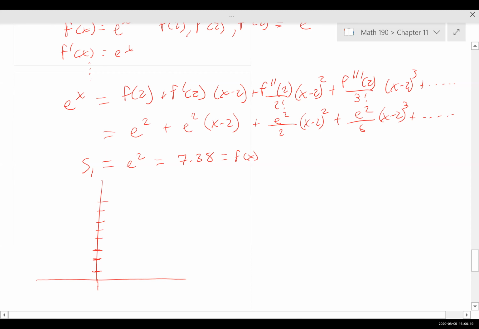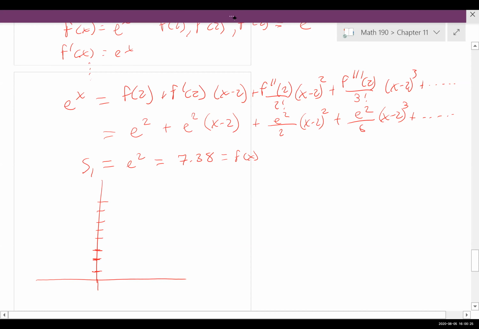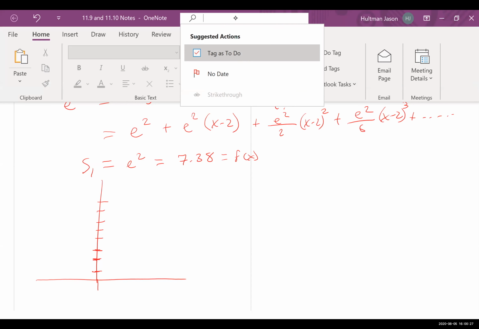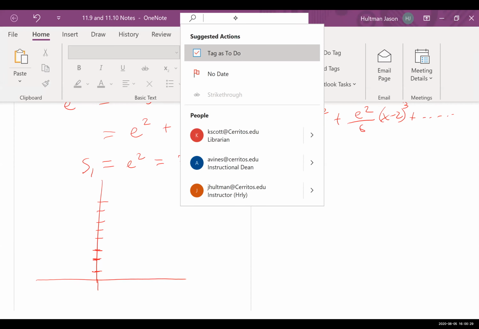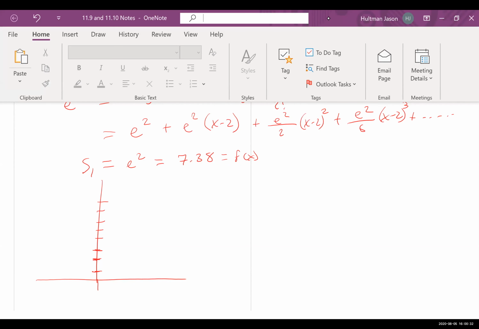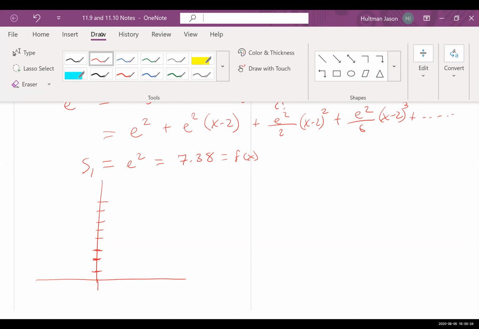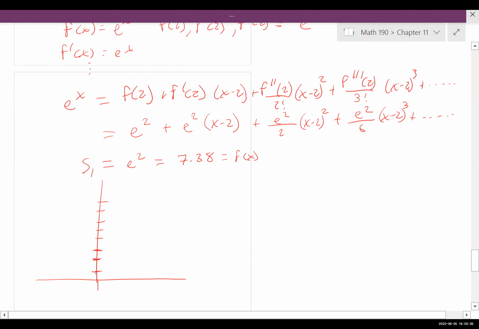Maybe I'll switch colors here. At 1, for e to the x, we're at 2.78, so that's almost 3.